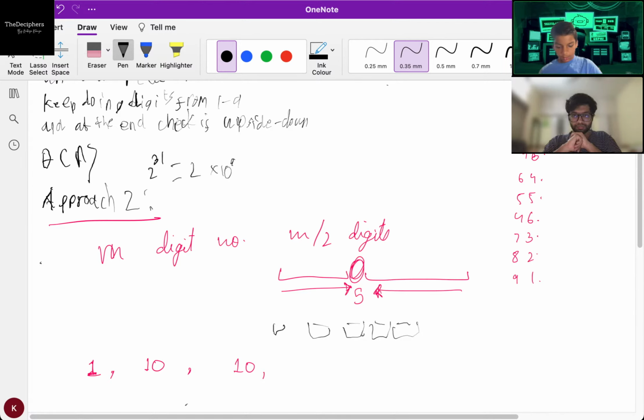So it's 9 times 9, which is 81. And similarly for 5 digits, the answer will be 81. Does that make sense? Yeah.